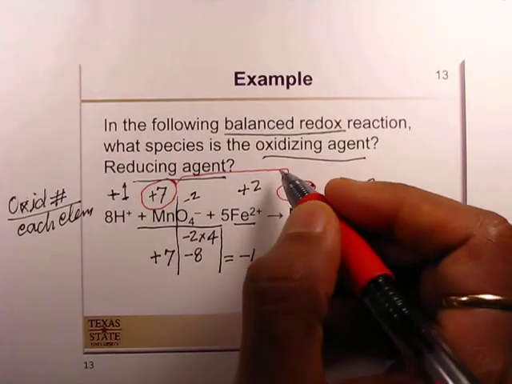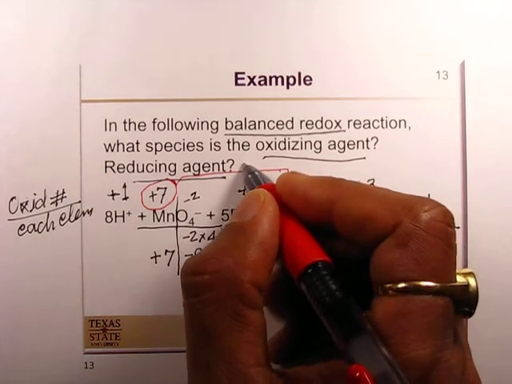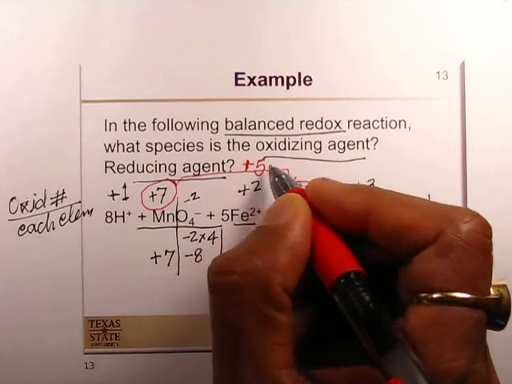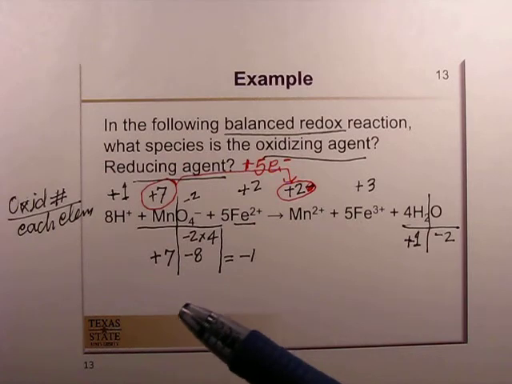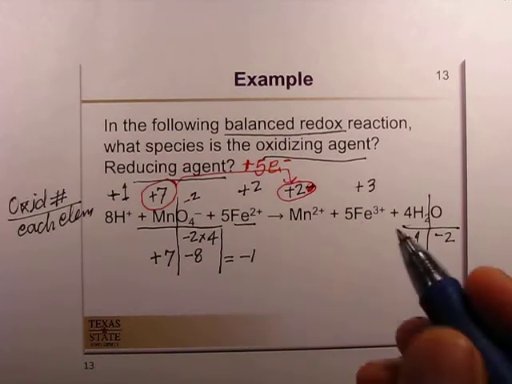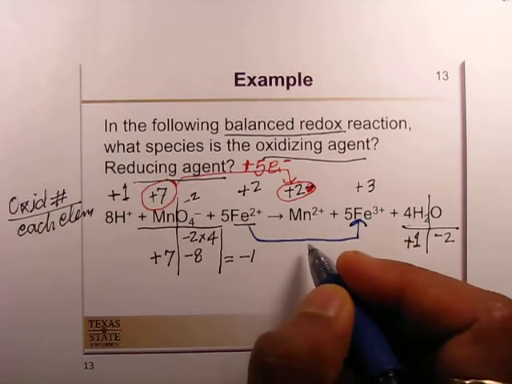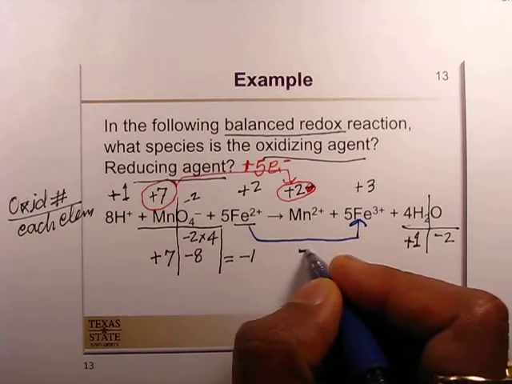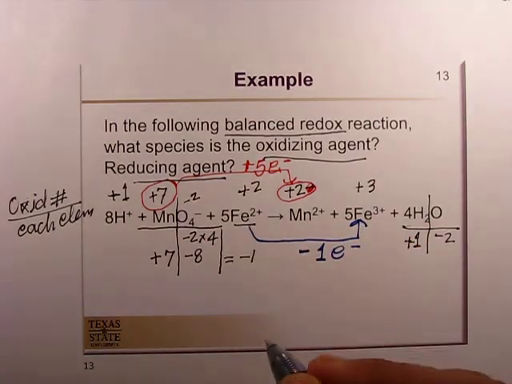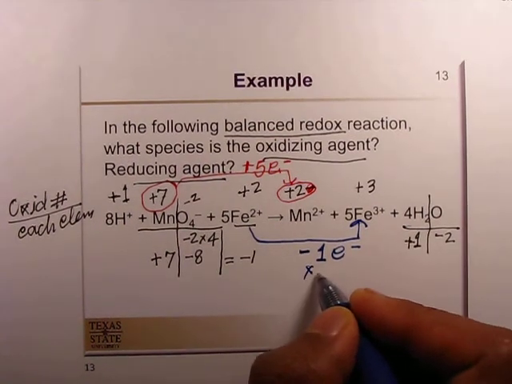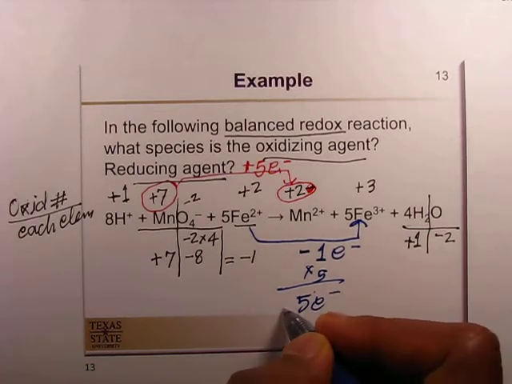It means it is accepting 5 electrons. On the other hand, iron is losing 1 electron per iron ion, so a loss of electrons.